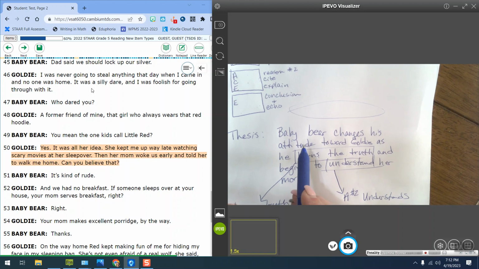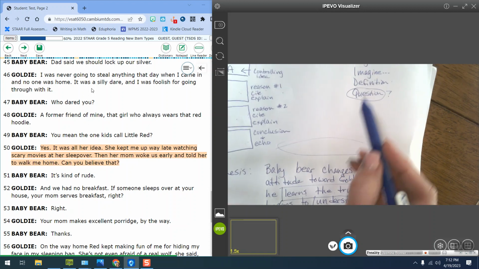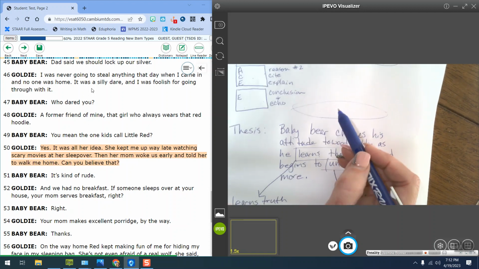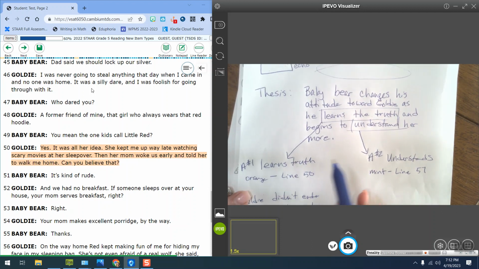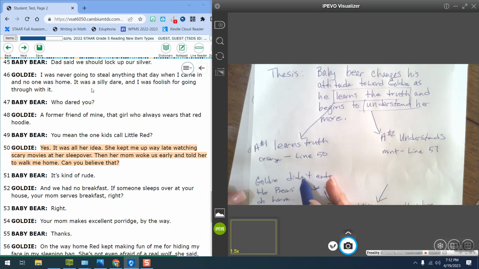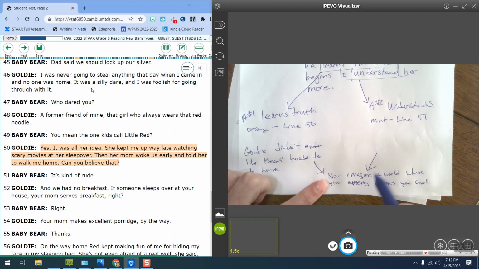You have to have that sentence. And the best place to put it is at the end of your first paragraph. All right. If you can add a hook and make it more interesting, that's fantastic. But you have to have a thesis and you have to have points or reasons that support that thesis with text evidence and explanations. And then you're going to bring it back together and sum it up.